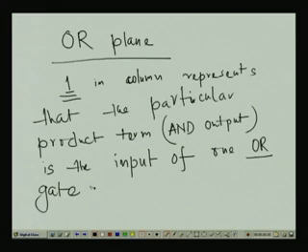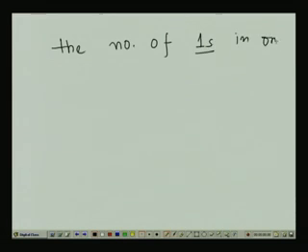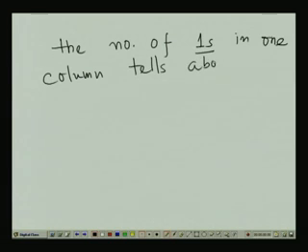And here the number of ones in one column tells about the number of OR inputs.